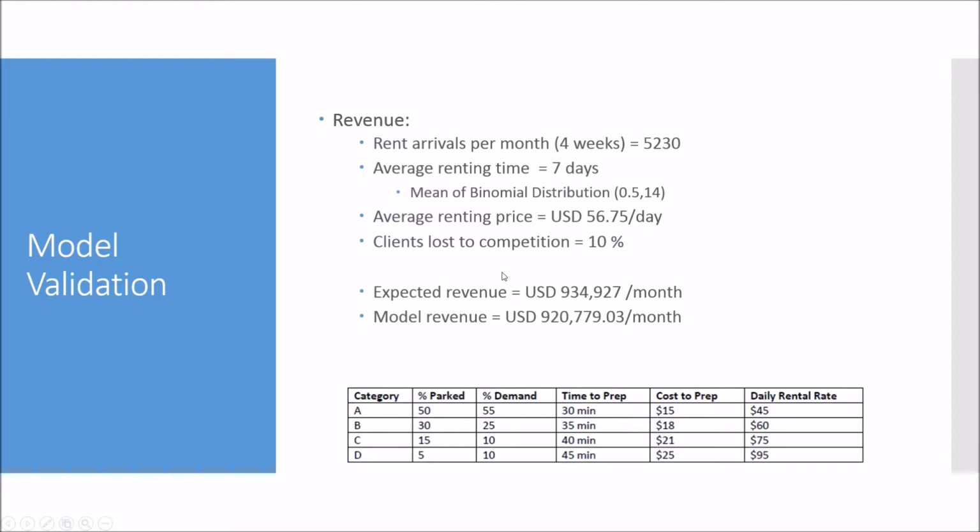If we assume that about 10% of our clients are lost to competition, we can expect a revenue of about $934,927 per month. And we see that the model gave something really similar, so we can be pretty sure that the model is correct.